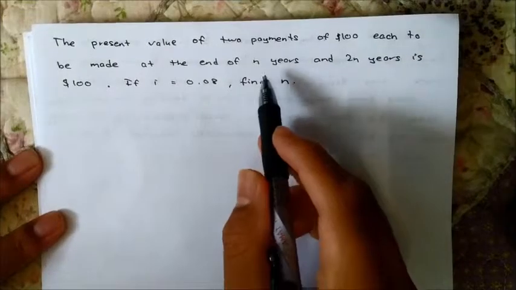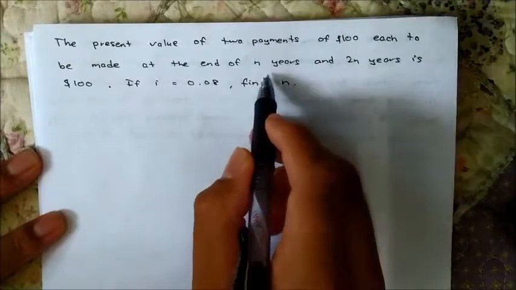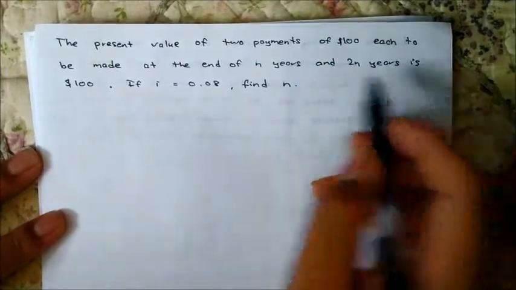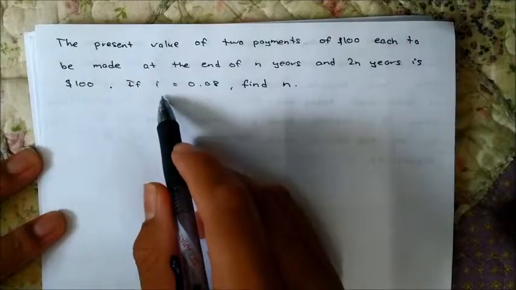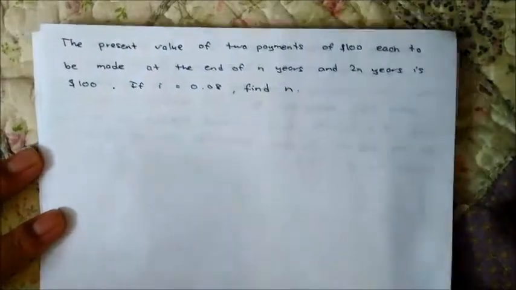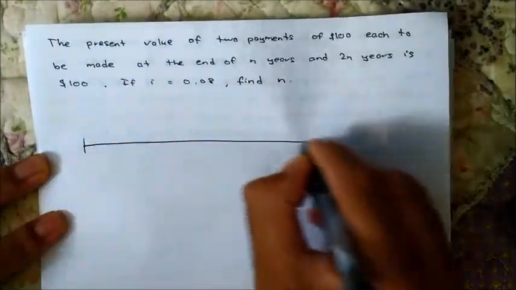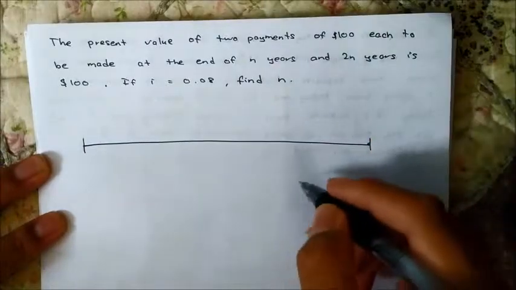The present value of two payments of $100 each to be made at the end of n years and 2n years is $100. If i equals 0.08, find n. Alright, so firstly, we need to create a timeline diagram which represents the question above.